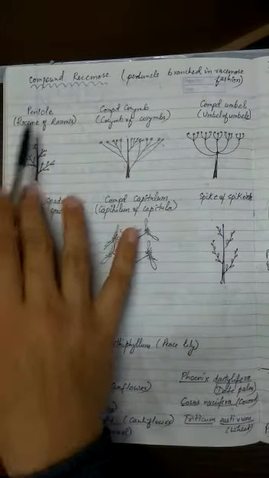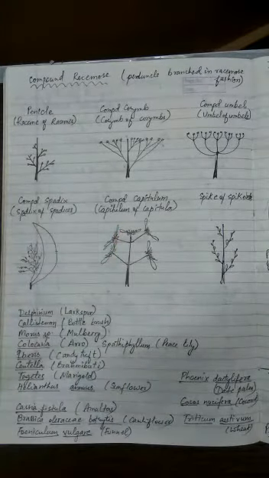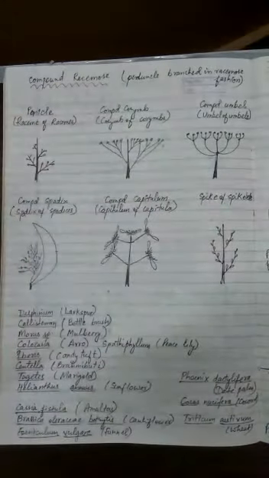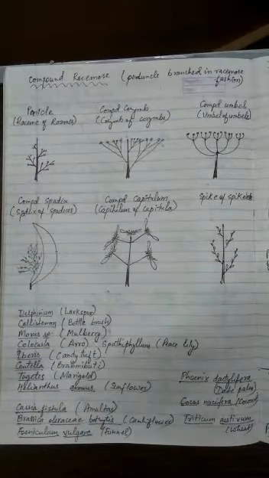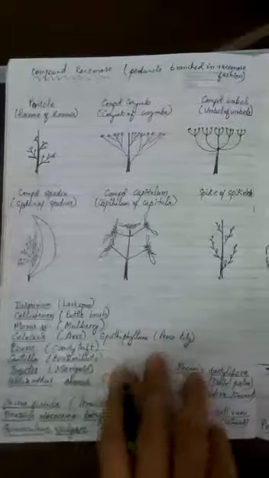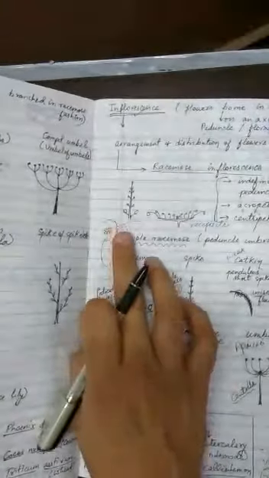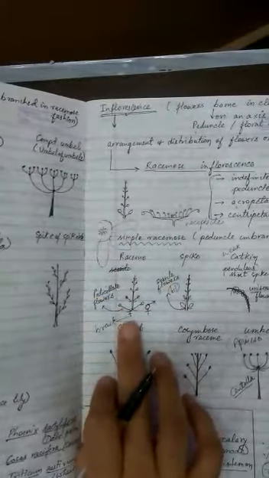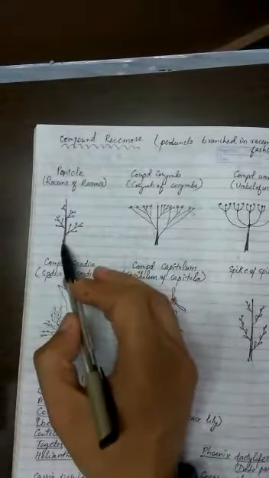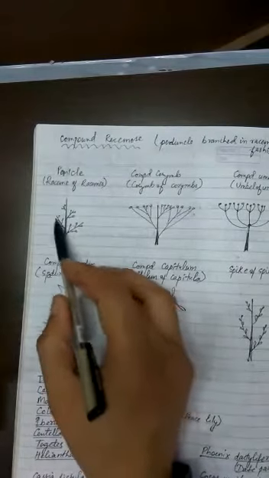Some of the types I have mentioned here. Let's start with the first one, that is the panicle. So what is panicle basically? Panicle is also called the compound raceme or raceme of racemes. In raceme inflorescence, the same thing is present here, but the main point of difference is the axis has undergone branching.